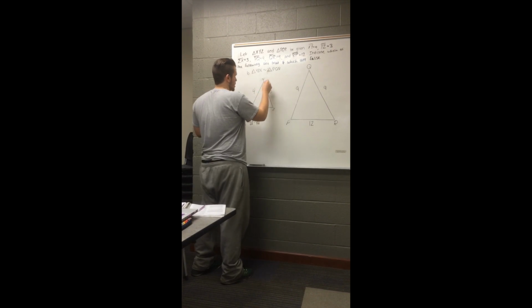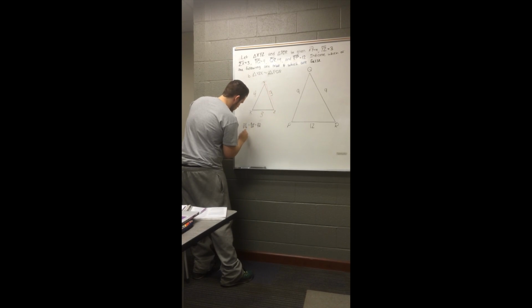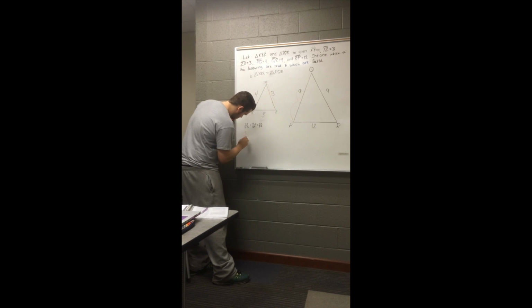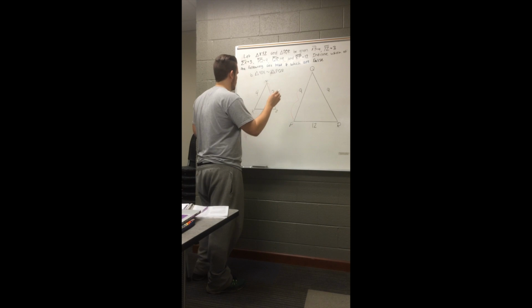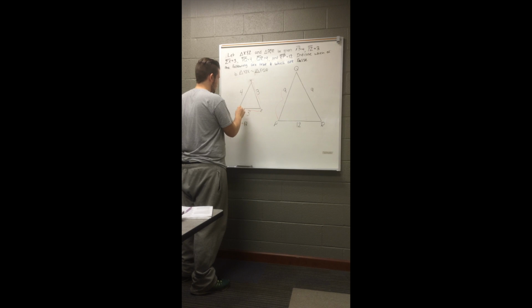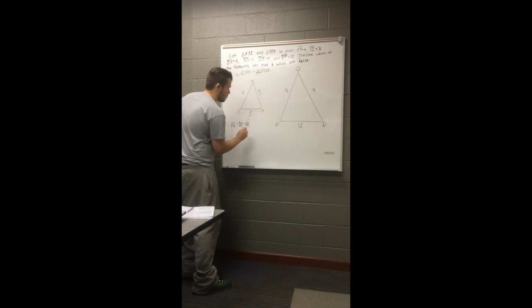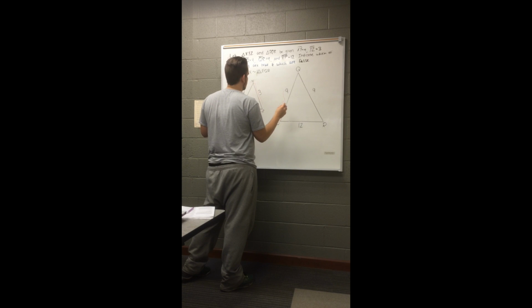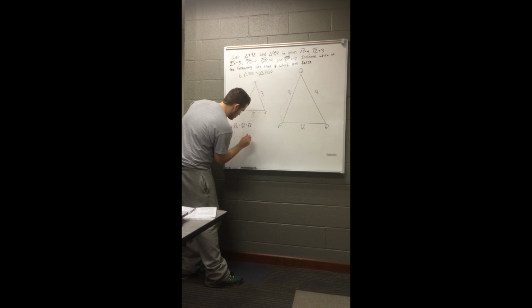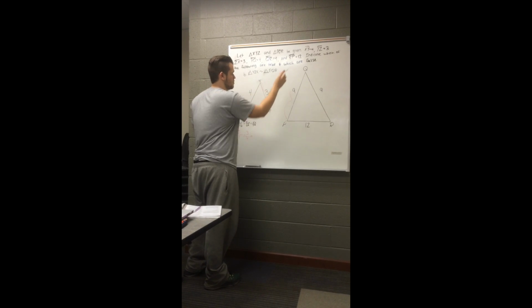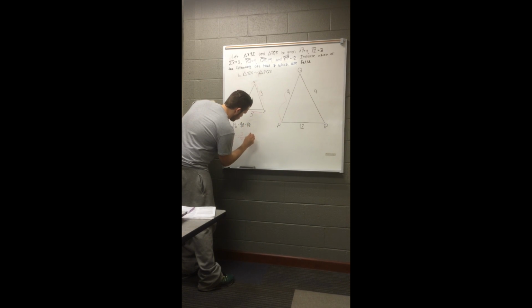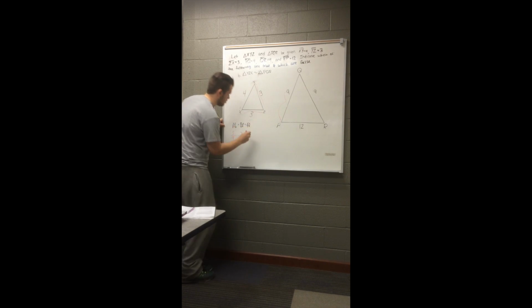You got side YZ is 3 over PQ, 9 is equal to ZX 3 over QR, which is 9, is equal to YX, which is 4 over PR, which is 12.